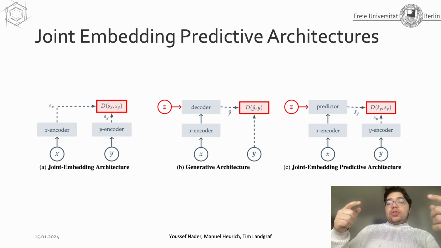And these representations that we want to predict are the ones that are coming from another encoder, the Y encoder. So the Y encoder encodes maybe the uncorrupted version of these features, and we're now doing the comparison in the embedding space, not in the pixel space.